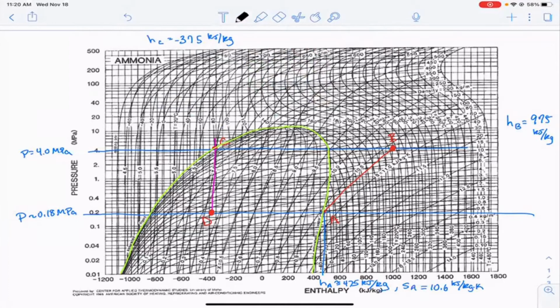All right, so now we've read the enthalpy off of each point in the process, and we have our cycle. So we know where we are on this diagram. The last thing that we really want to do here is to determine the coefficient of performance.